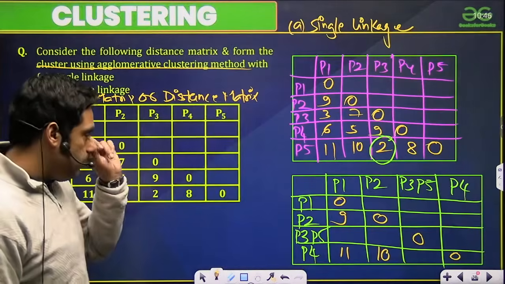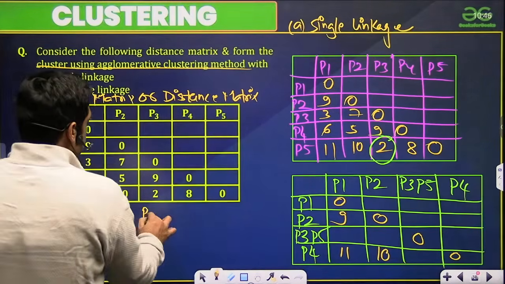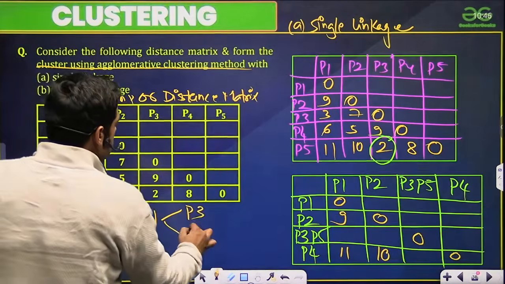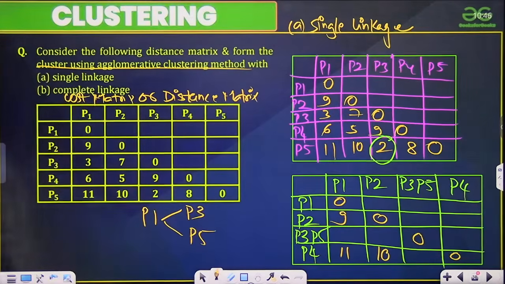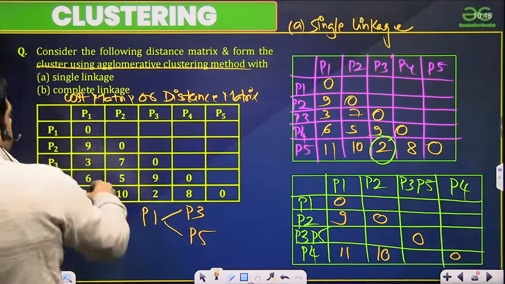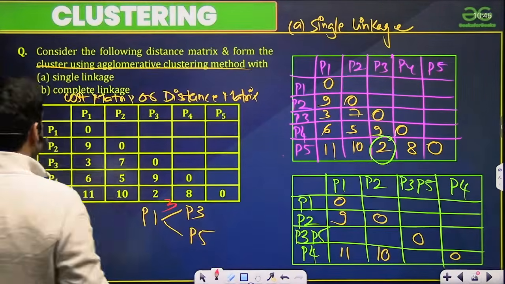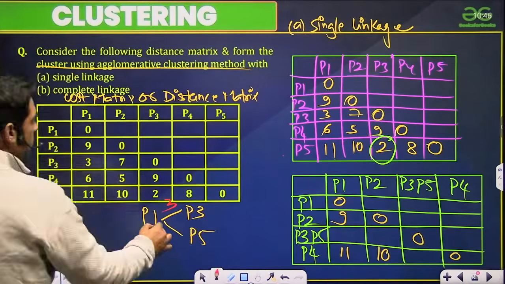Now we have to calculate the distance of p1 from p3 and p5. Just concentrate here. What is the distance of p1 from p3? That is 3. And the distance of p1 from p5 is 11.